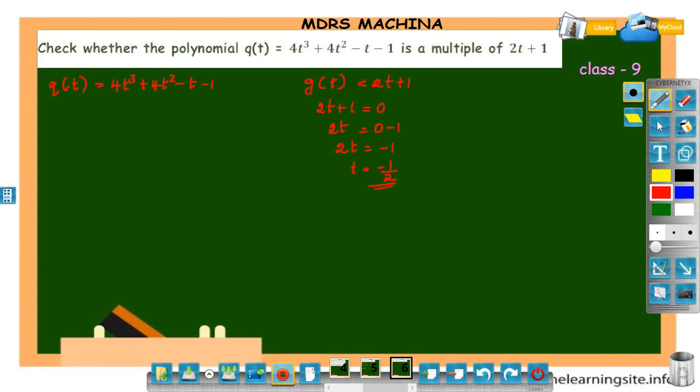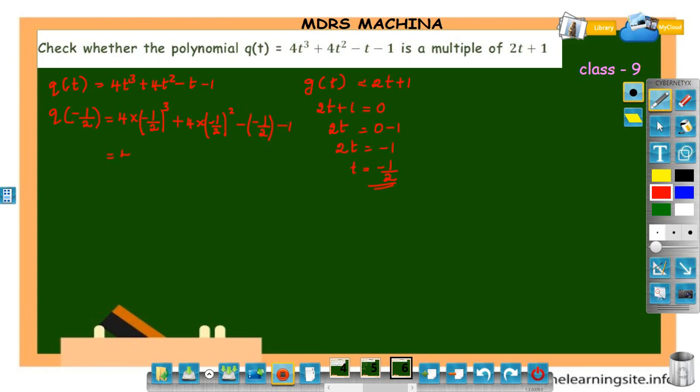Now we have to find the value of polynomial q of t at minus half. That is 4 into t is minus half whole cube. There is a fraction and a minus also, so put the bracket, plus 4 into t is minus half, put bracket, then square, minus, put bracket, minus half, minus 1.